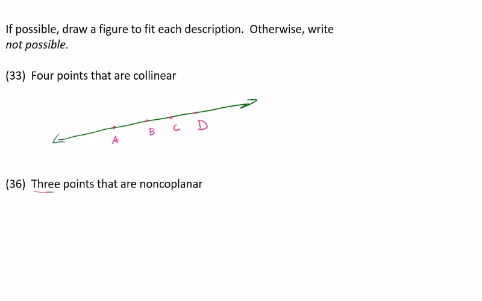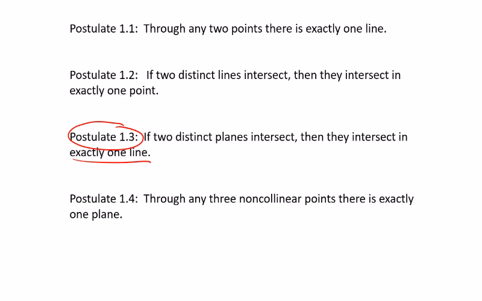So here, 3 points that are non-coplanar. That is not possible, right? Because going back to our postulates, postulate 1.4 says through any three non-collinear points, there's exactly one plane, right? So if you had three collinear points, not only would they be collinear, of course, but if they're on the same line, of course they're going to be on the same plane.